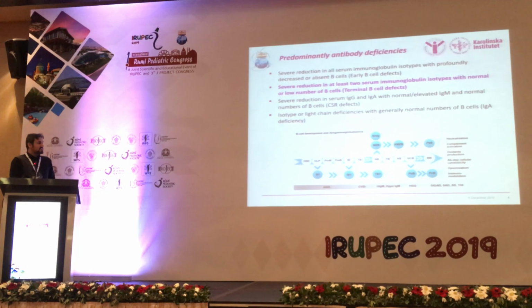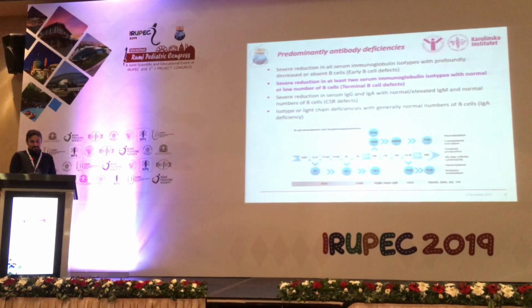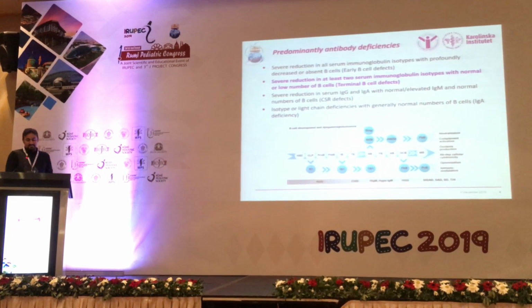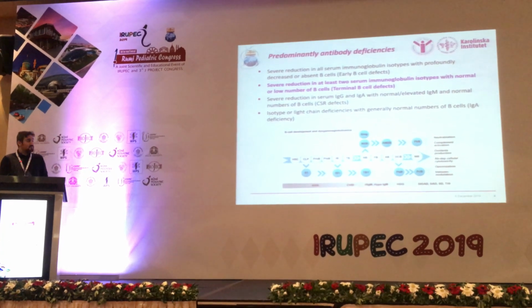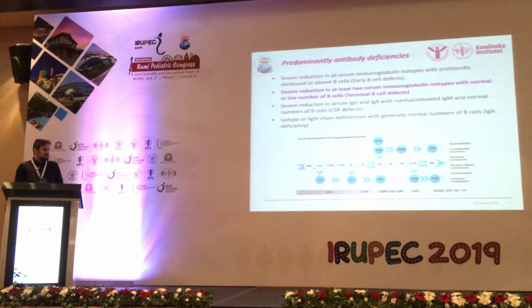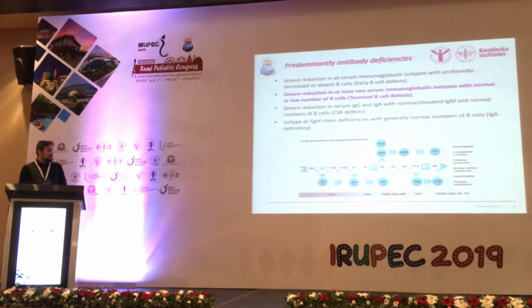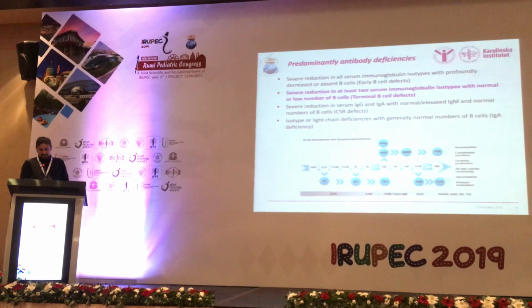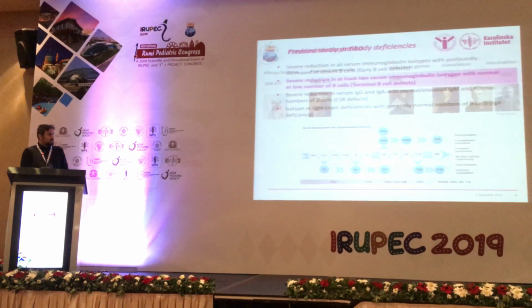And the last group of antibody deficiency is the light chain defect, or the major disorder in this category that we may all know, IgA deficiency. So basically each defect in the developmental steps of B cells could lead to agammaglobulinemia, CVID, hyper-IgM, subclass deficiency, or selective IgA deficiency.